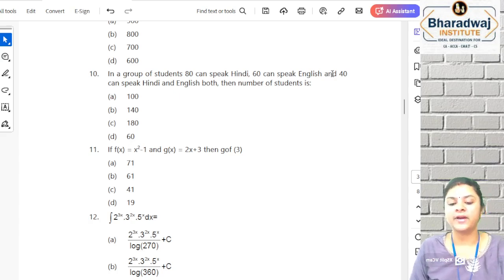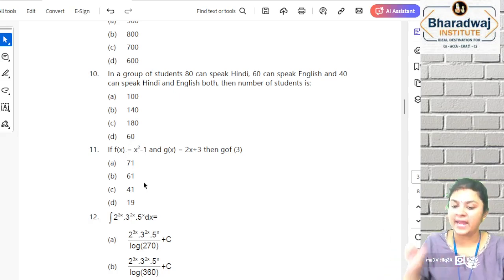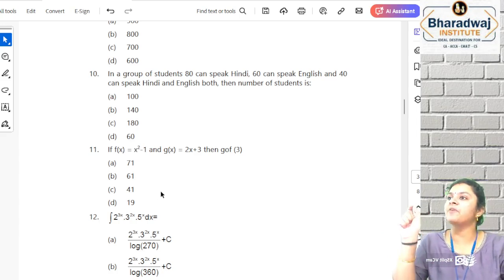Okay. So how to find G of f of 3? Here first find out f of 3. What value do we get for f of 3? 3 square is 9, 9 minus 1, 8. So you are getting f of 3 as 8.